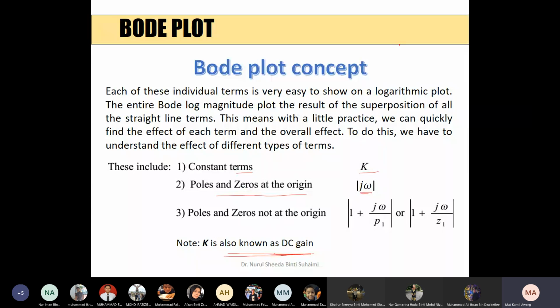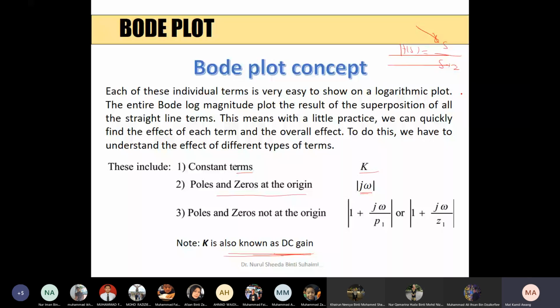For example, if you have H of s equal to s over s plus 2, this is a zero at the origin, because s is actually converted into j omega. I like to use s instead of j omega.